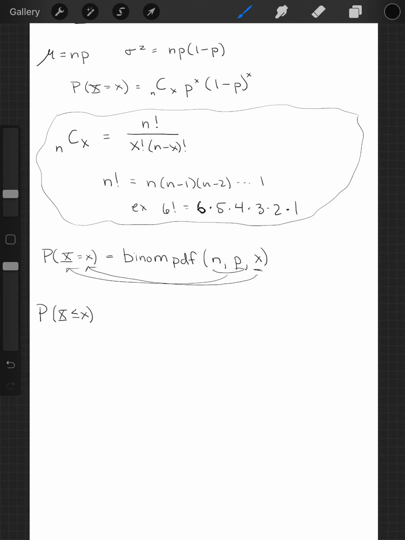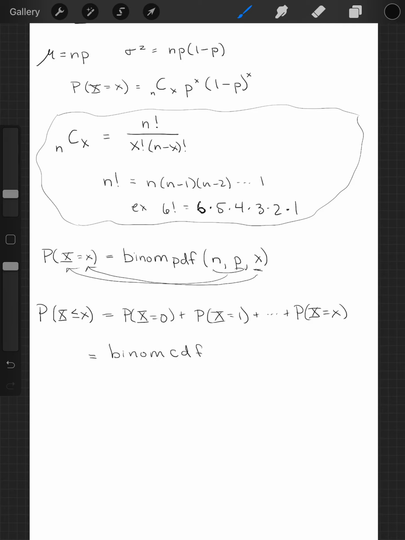Right, now to use the calculator to answer more complicated problems, right, so if we wanted to do this by hand, we would have to figure out the probability that X equals 0, plus the probability that X equals 1, plus, and we'd have to keep doing that until we got the probability that X equals x. And I don't know about you, but that sounds horrible.